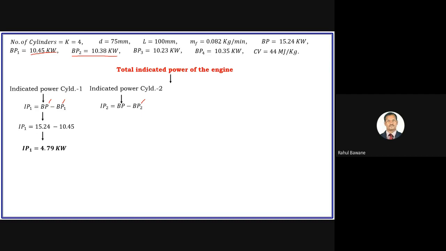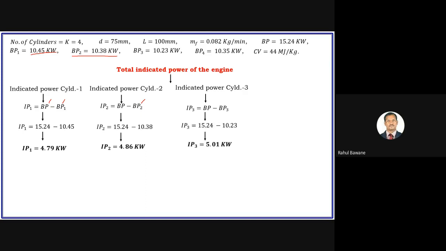Even though the dimensions, stroke length, lubrication and cooling are identical for all cylinders, still we get different values for friction power, brake power and indicated power in each cylinder. So here indicated power for the second cylinder is 4.86. Now indicated power for the third cylinder, IP3, is brake power of all cylinders minus brake power when the third cylinder is cut off.